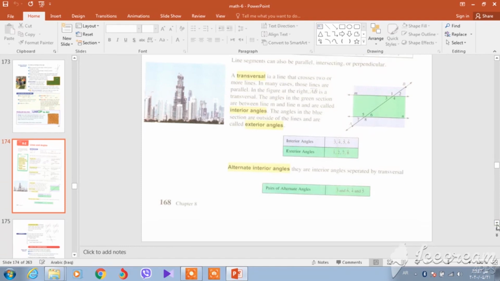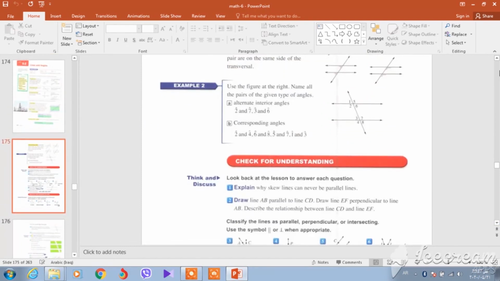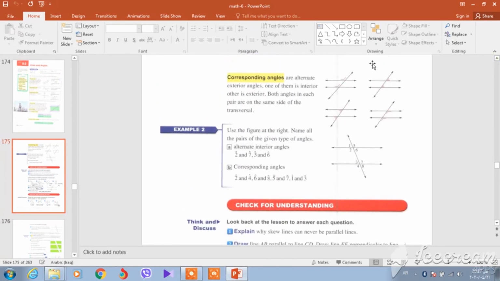Okay, now we solve corresponding angles. For exterior angles, alternate exterior angles, you can also say corresponding angles. Both of them are right, students. Look at this: this angle and this angle are corresponding angles or alternate exterior angles.